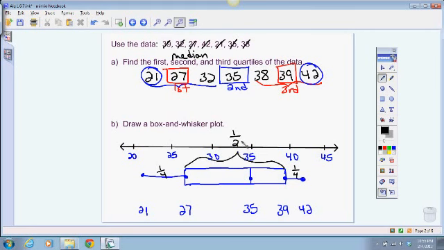So we know that half of our numbers lie between 27 and 39, 1/4 lie between 39 and 42, and 1/4 lie between 21 and 27. This is how you create a box and whisker plot. Draw a number line, take the 5 points you found, plot them underneath the number line, and draw your box and your whiskers.